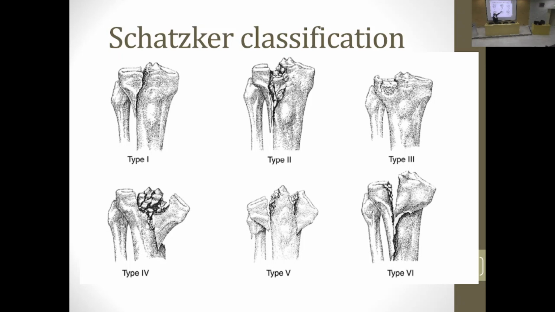Type 3 is just depression in the joint, and type 4 is a fracture of the medial tibial plateau with depression. Type 5 is a bicondylar tibial plateau fracture, medially and laterally, and then type 6 is a fracture of the tibial plateau, medial and lateral, with extension into the metaphyseal area.